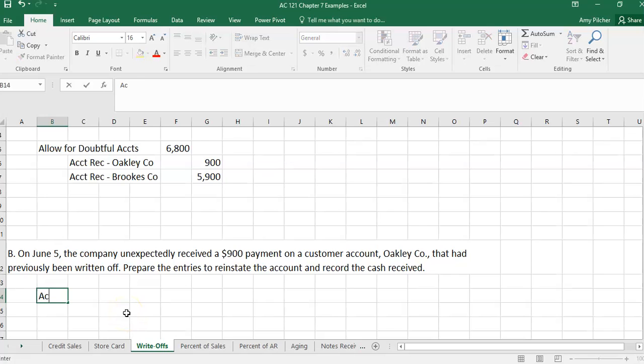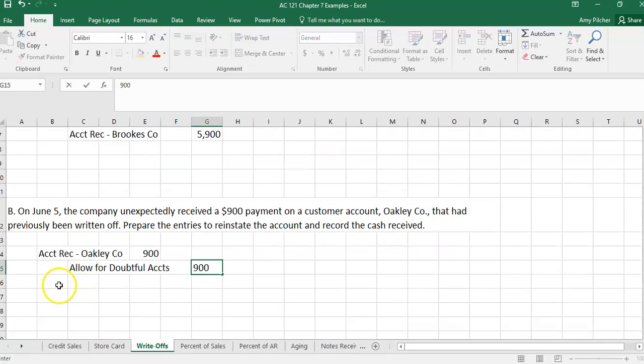So we would restore that accounts receivable for Oakley Company by debiting them $900, and we would credit our allowance for doubtful accounts to reverse that transaction. We would then record the cash payment for that accounts receivable.